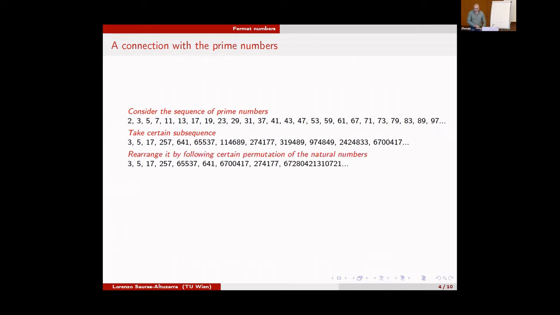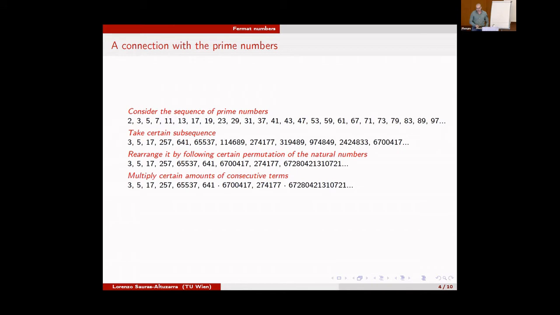Then rearrange it following a certain mysterious permutation of the natural numbers. So, for example, the first 4 values remain in their place, but the next 2 get commuted, and they start to get shifted.